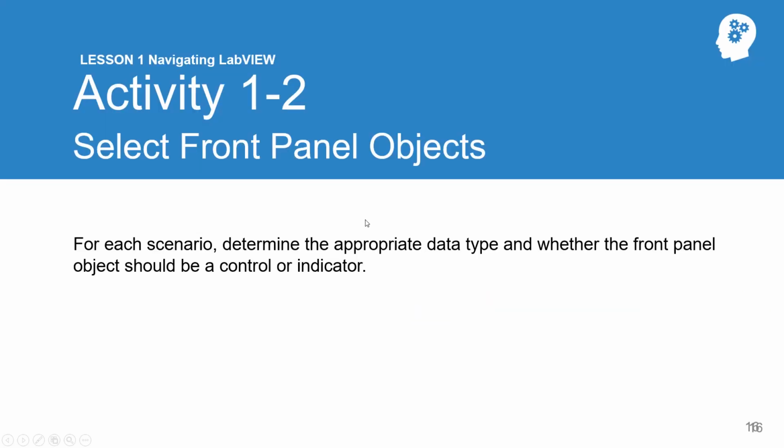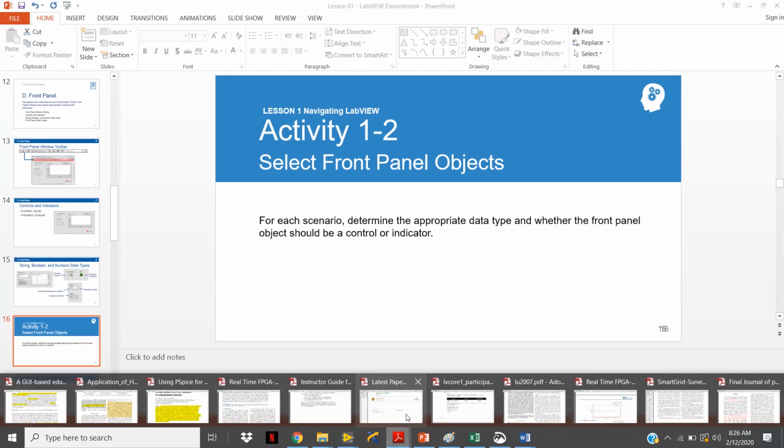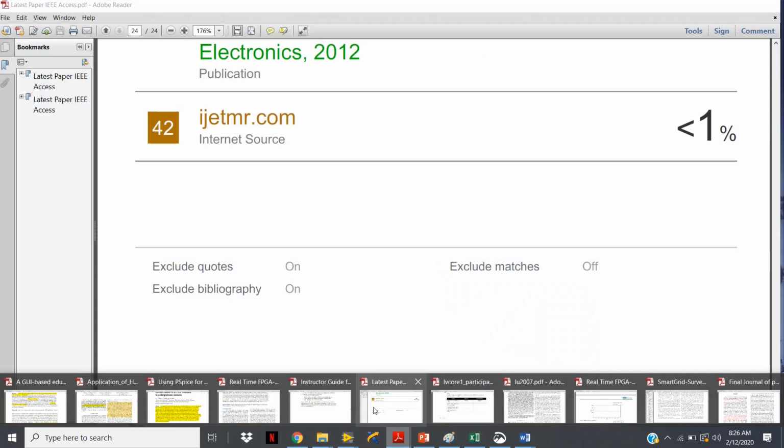So now we will perform an activity to select front panel objects. For each scenario, determine the appropriate data type and whether the front panel object should be a control or indicator. You should be very clear now about the front panel, that in the front panel you select controls and indicators. Now I will ask which option is best for selecting the front panel objects.